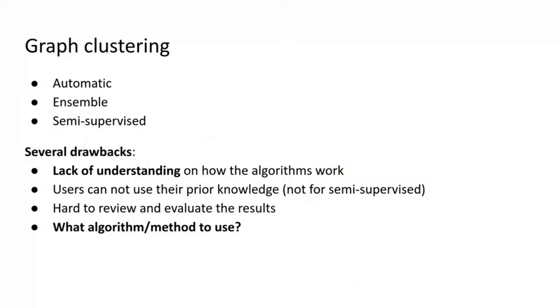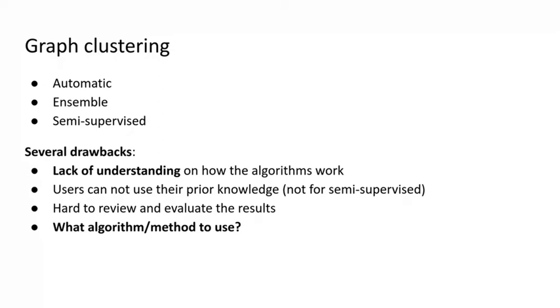So there are a lot of techniques already existing for applying graph clustering. One taxonomy is to separate the existing techniques into three groups. First, the automatic graph clustering methods, where we use one algorithm to produce an automatic partition of the graph.